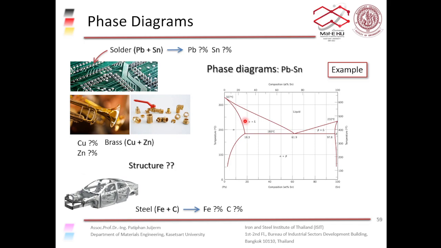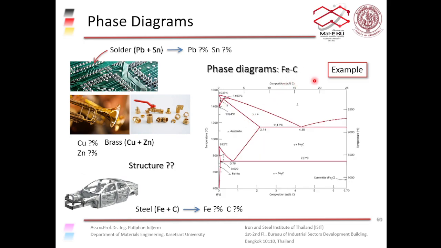In the iron-carbon phase diagram system, apart from the solid solution phases, like the alpha phase, gamma phase and delta phase up here, you also get this Fe3C, right? This is an intermetallic compound.